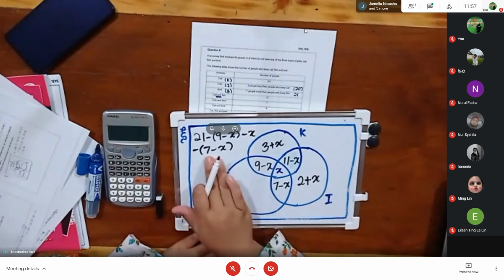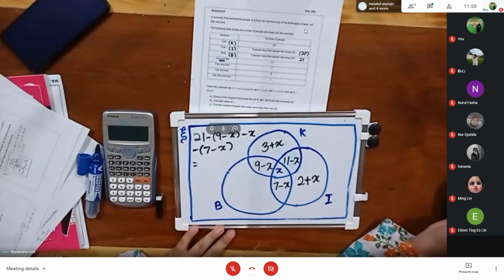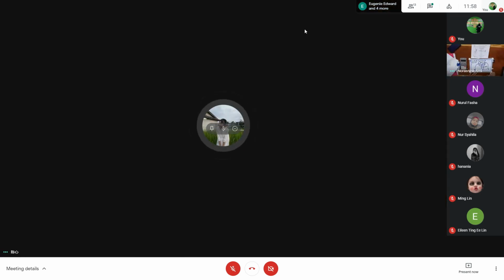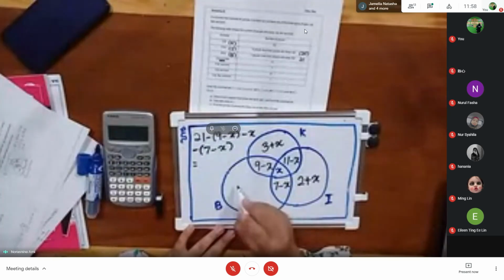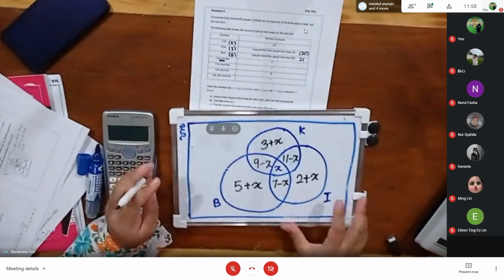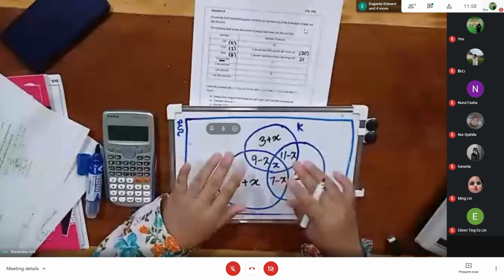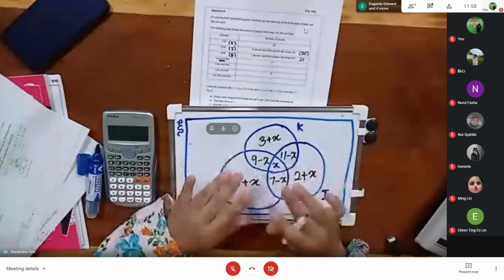Then you solve for this equation. Solve for this, and I will write the answer. Okay, already? What is the answer for this part? 5 plus x. Yes, 5 plus x. Now we already label the number that represents inside this set.